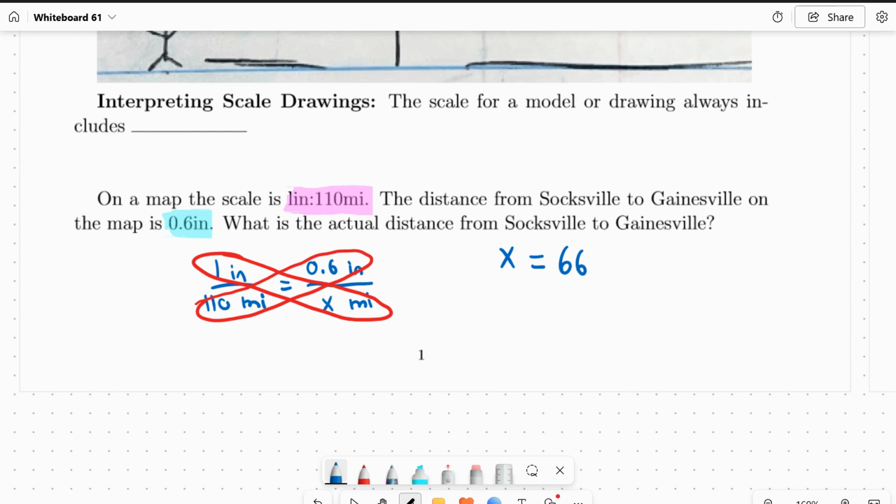Now with my final answer, I am going to want to add our units. In this example, we were trying to calculate x number of miles. So with my 66, my unit is going to be miles. So that's more of a word problem example for a question like this.